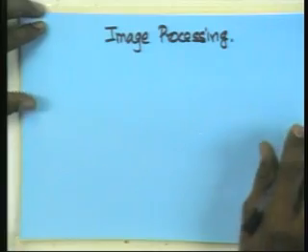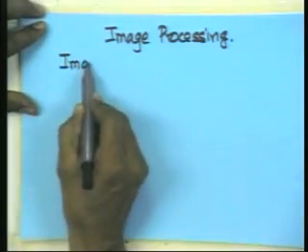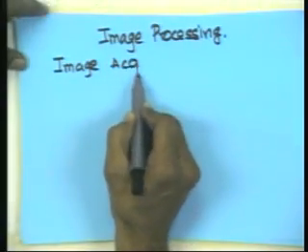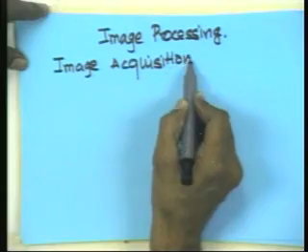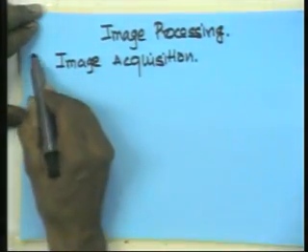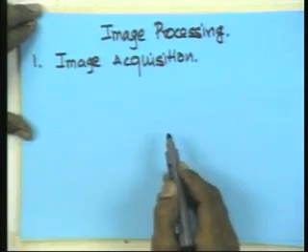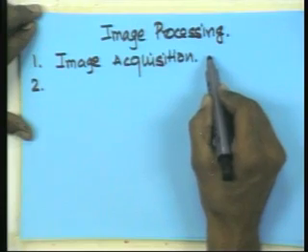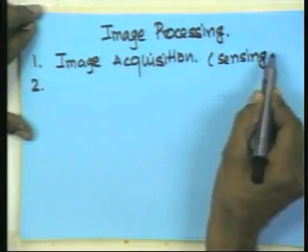In the low level tasks, the first thing is image acquisition. Well, this is one task. Let me enumerate all the tasks first, and then we will look at each of them in more detail. This is of course very clear. This is basically sensing of the image. This is the sensing part.